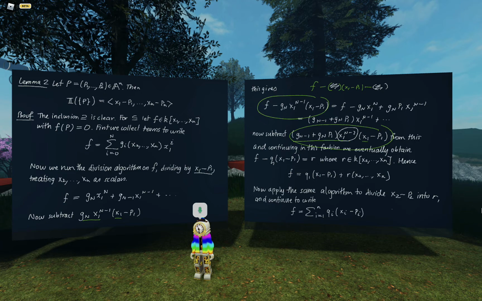Might like to think about what's in there. Plus a lambda. What's in the final stage where we're dividing xn minus pn into that last remainder? Eventually we get down to something that has xn degree 0, but it also doesn't contain any of the earlier variables, so it must just be a constant, a scalar.